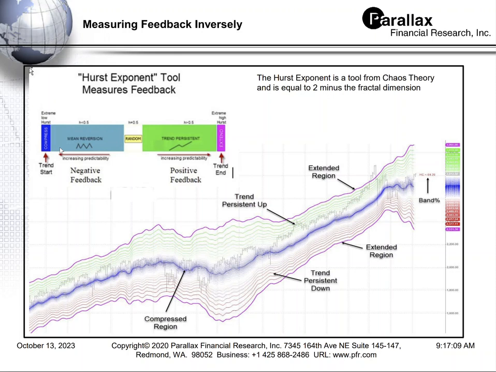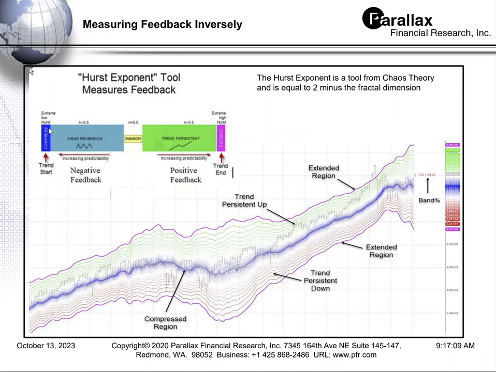Now, what we discovered was that right at the ends, where you get extreme values of this Hurst exponent, either extreme high levels or extreme low levels, the markets actually hit a critical point. And the critical point in science is very, very well defined, like the boiling point of water or the freezing point of water, the most common critical points that we experience.